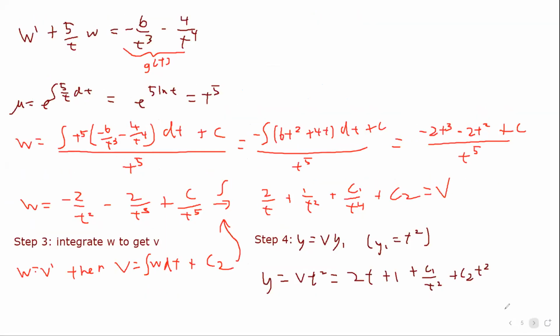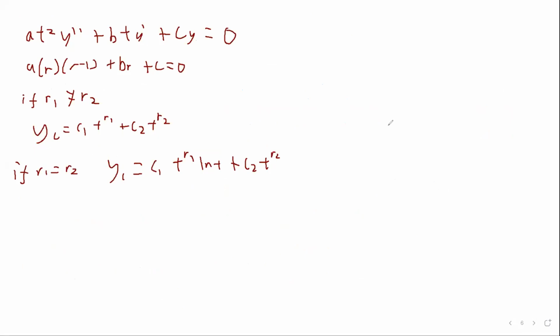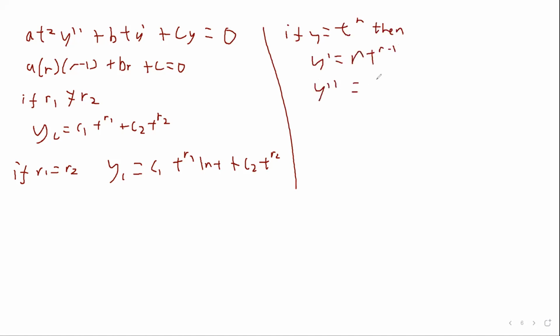Actually, you know what? Maybe I'll just show you. Watch what happens when I plug in the substitution, t to the r. If y equals t to the r, which is our basic substitution, then y prime equals r t to the r minus 1, y double prime equals r times r minus 1, t to the r minus 2.